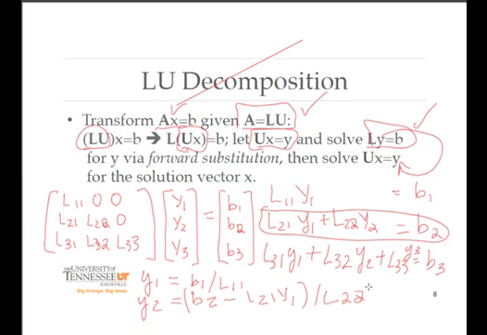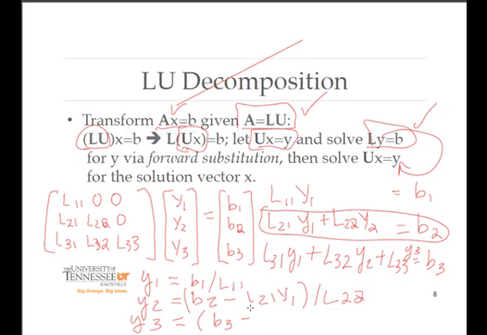And then lastly, if you have computed y1 and y2, then you could substitute them in the last row. And finally, what we would get for y3 is, in parentheses, b3 minus two products.